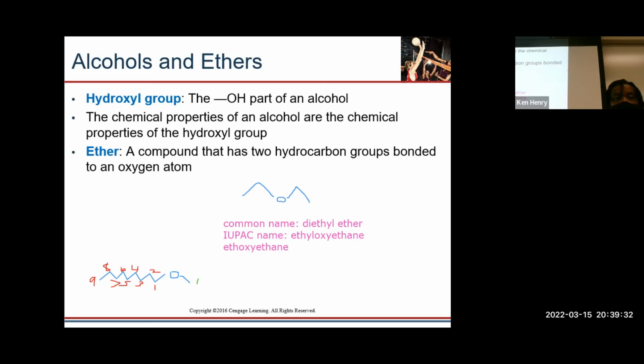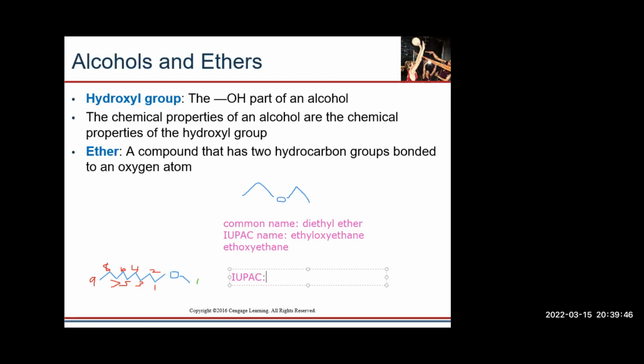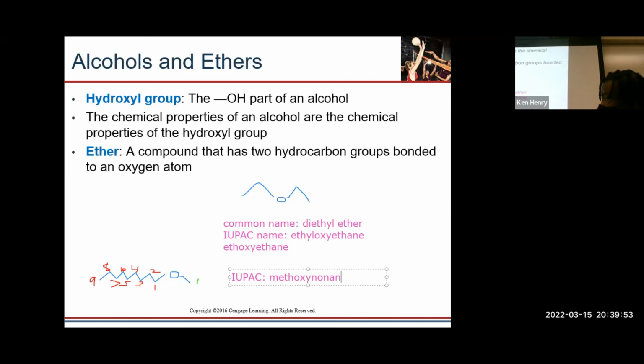So if we're doing the IUPAC name, you said methoxynonane. Right, this side is the smallest carbon chain, so that gets the front part: meth, then there's an oxygen, and then nonane. Got it?